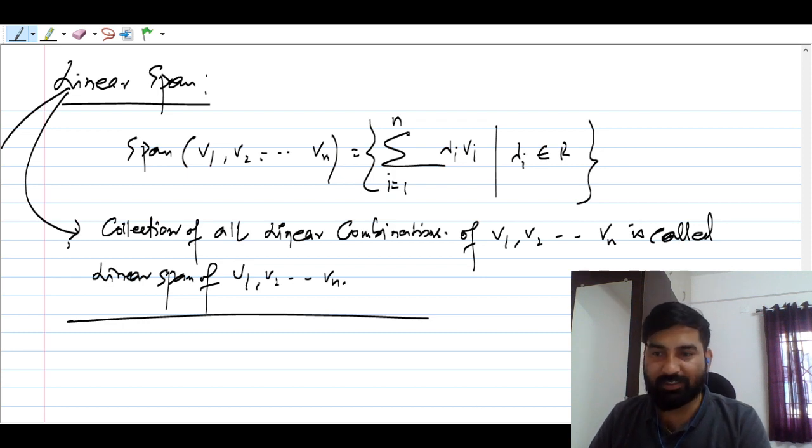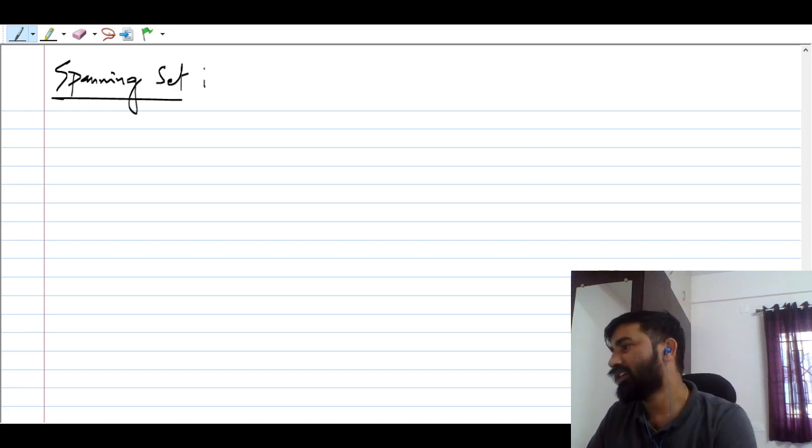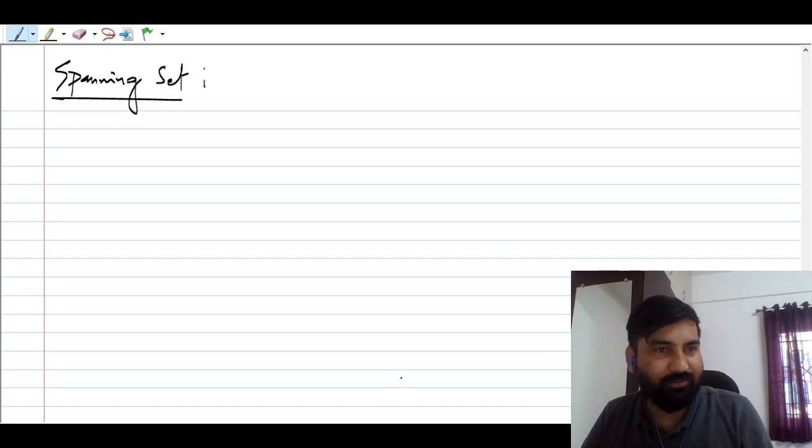तो आपके केस में spanning set is nothing but a collection of all the vectors which you obtain by taking the linear combination of other vectors, right? So you can write here what is the spanning set as well. The definition of spanning set क्या हो जाएगा?